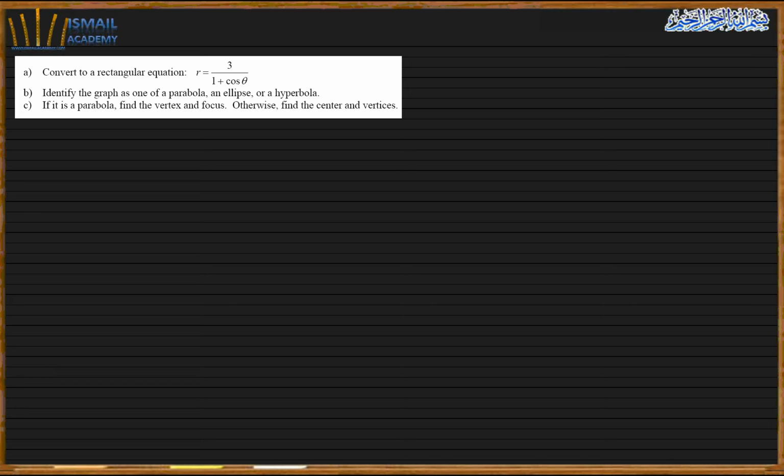Here they give me polar coordinate equations, and they want to find the rectangular equations. So they want an equation in terms of x and y. The only relations I know between the polar coordinates and the rectangular coordinates are that x is r cos theta, y is r sine theta, and x squared plus y squared is r squared.